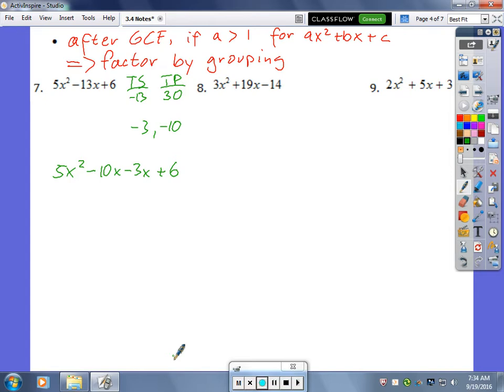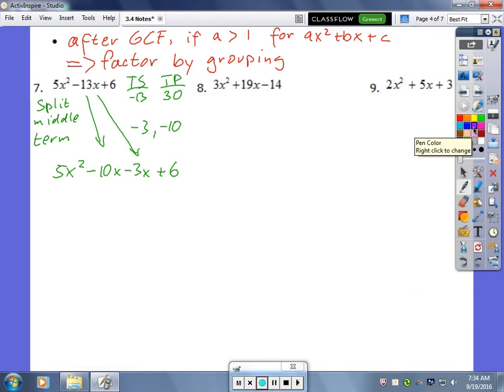All we did was we split the middle term. You should write that down too, because this is what we do in order to get 4 terms now. And those 4 terms we are now going to factor by grouping.